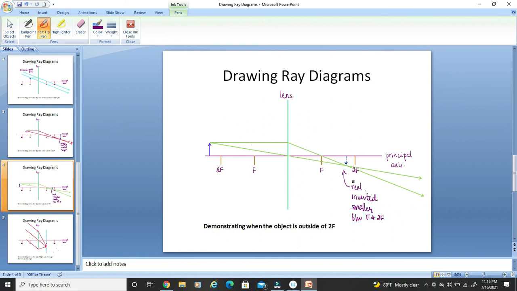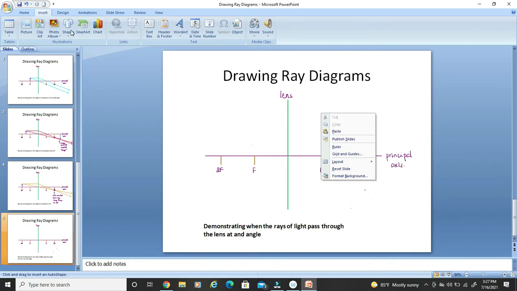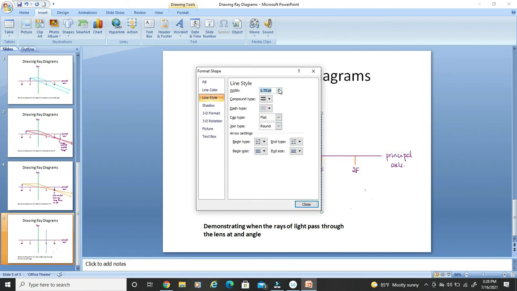Okay, so if you're drawing along with me, this is what you should get. Okay, so now I'm going to draw a focal plane. This line runs perpendicular to the focal point.